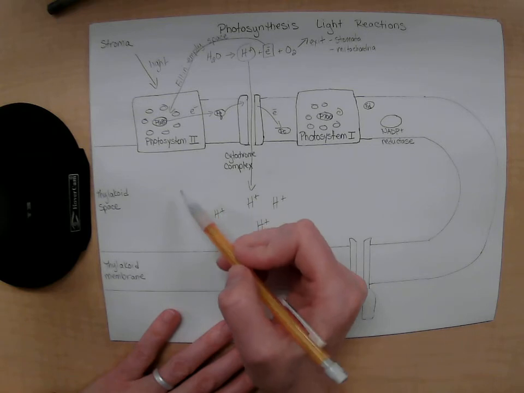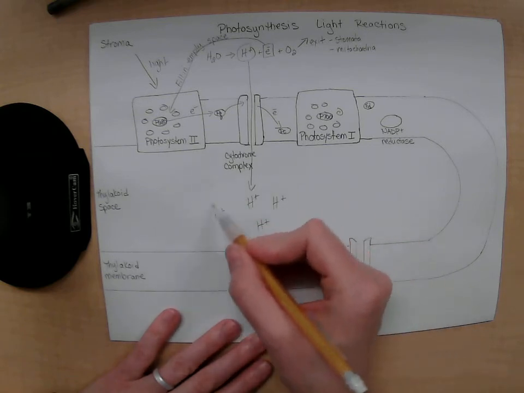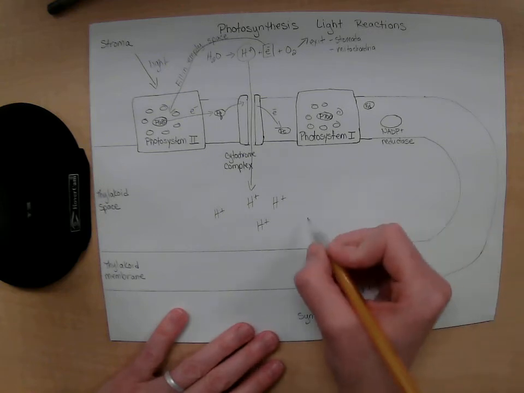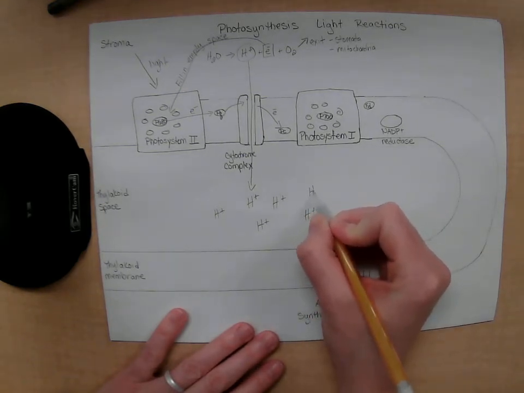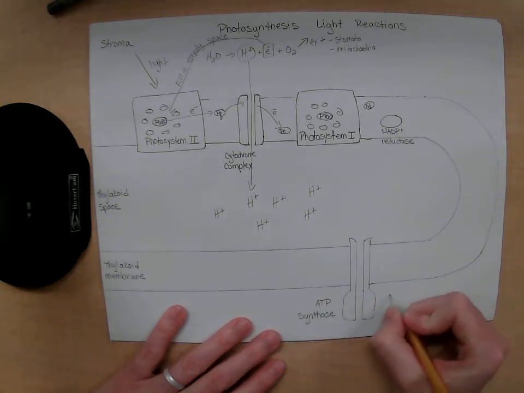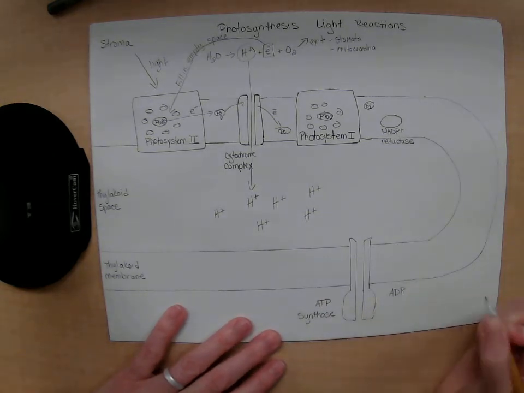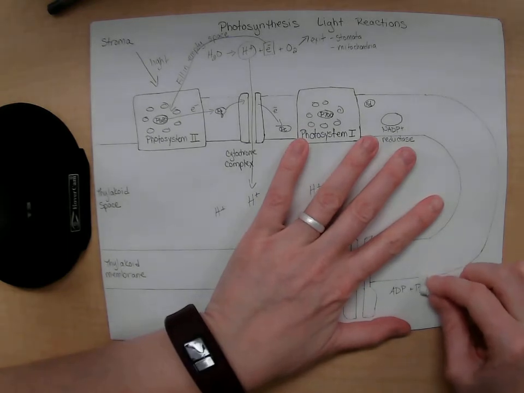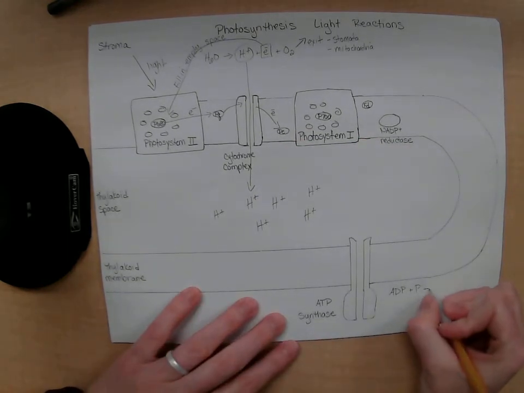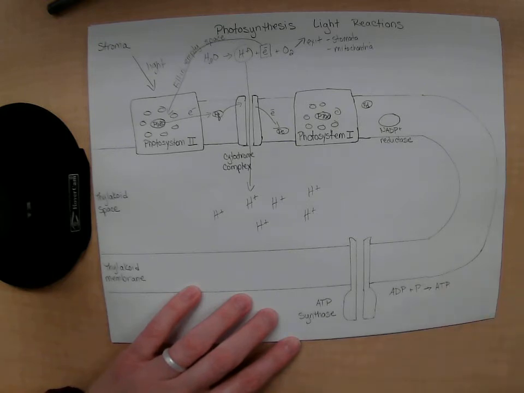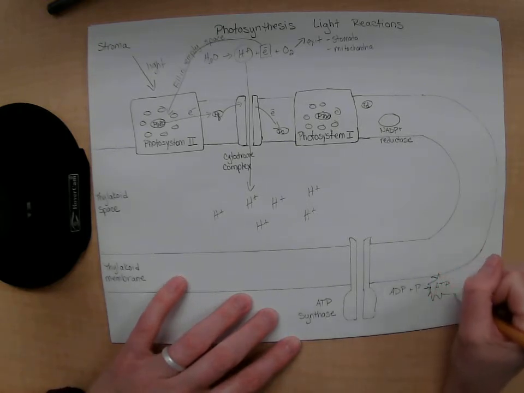So that's photosystem 2. Now we have this hydrogen ion gradient here, and we're going to use that gradient to cause the ATP synthase to take an ADP molecule and phosphorylate it to make ATP, which is our cellular energy.